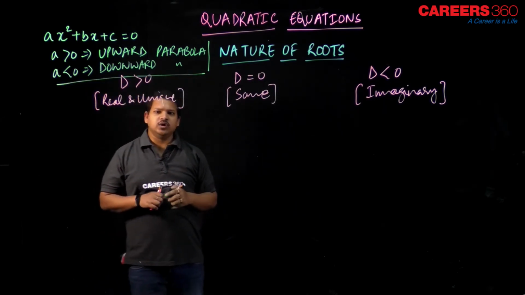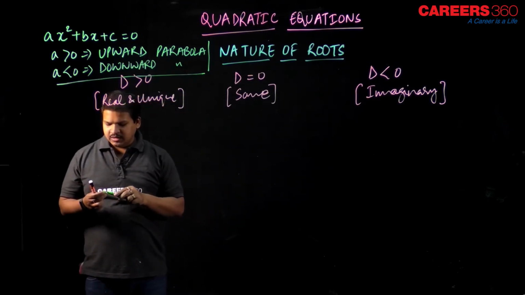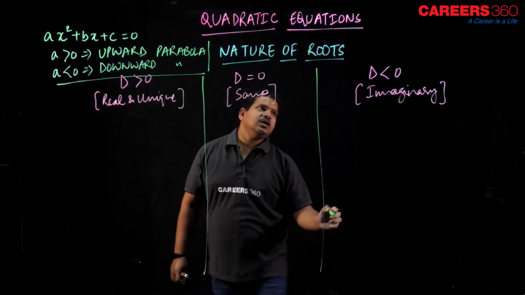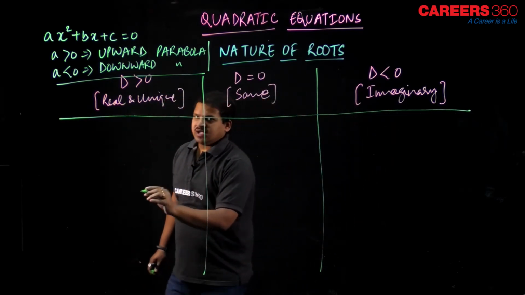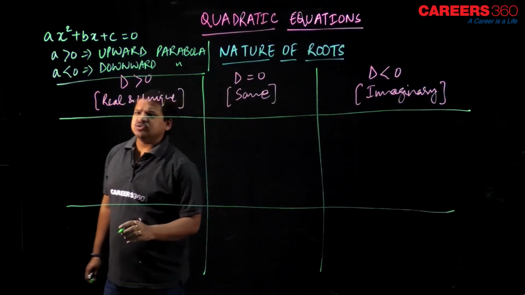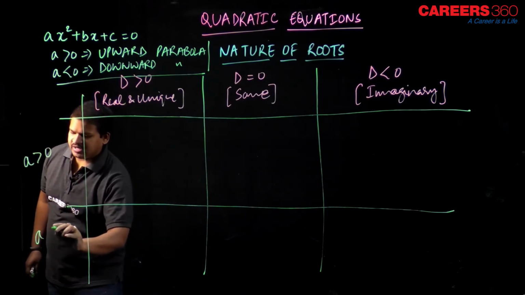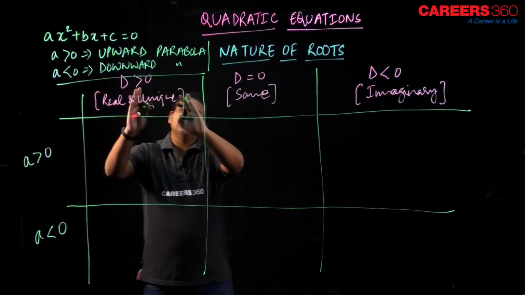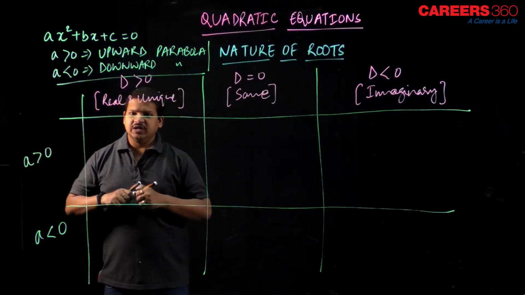These three conditions can be represented separately in a graph, and in a very interesting manner. We have two cases for a, a greater than 0 and a less than 0, and three cases of the discriminant. Now let's plot these graphs separately.